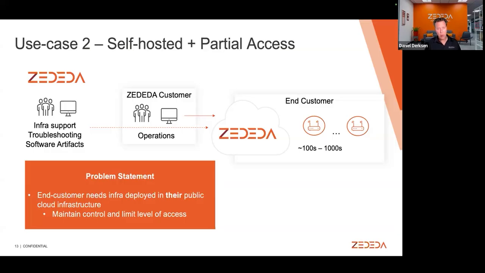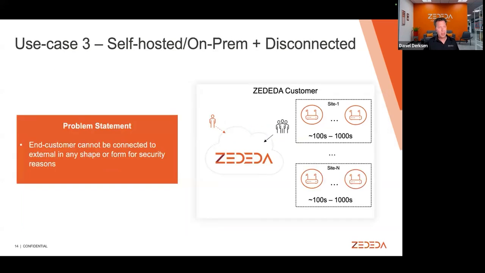So this is where we can have access to this hosted cloud, if you like, for infra support, lifecycle management, troubleshooting, the things that become a lot harder if you have zero access, because now you need to find alternative ways of getting assets between left and right of the picture, right? So this is one example of self-hosted with partial access.